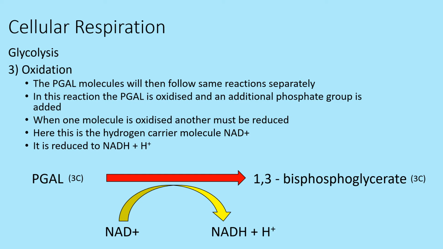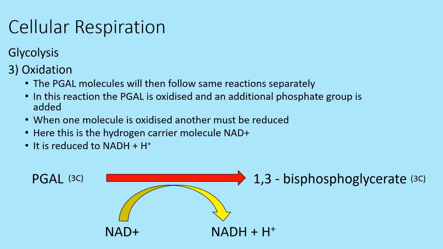But we know that if something is being oxidized, then another molecule must be reduced in the process. And here, for this process, we're going to use the hydrogen carrier, NAD+. When this is reduced, it becomes NADH plus H+, and it carries away hydrogens and high energy electrons.